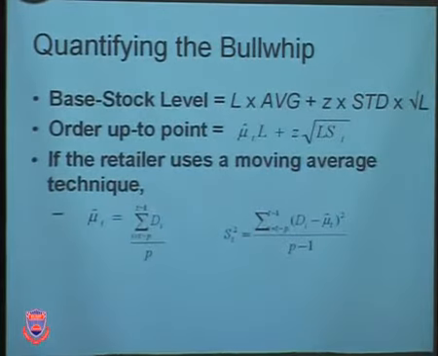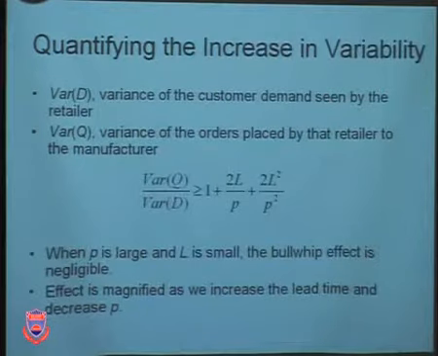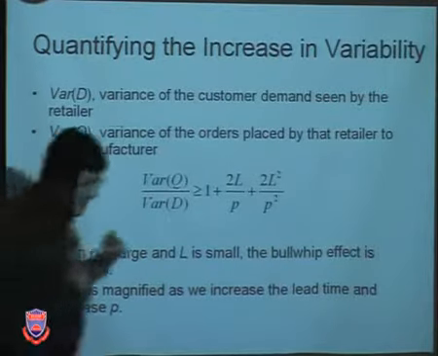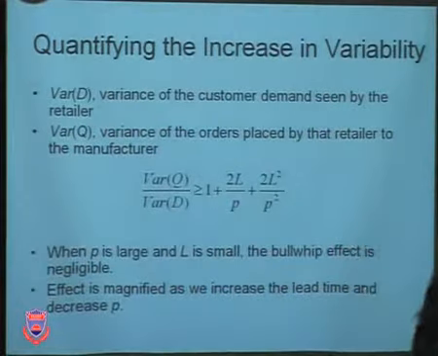Now, given this simple environment, in one of the papers that I was mentioning, the NRL paper, they were able to quantify the bullwhip effect. The derivation is not that difficult. I prefer to work on different models rather than the forecasting effect. And so what we are after is the following.